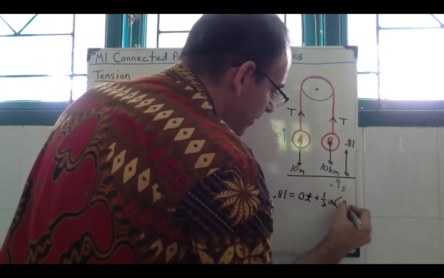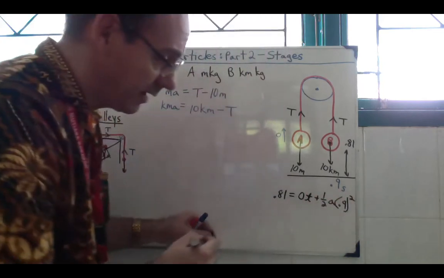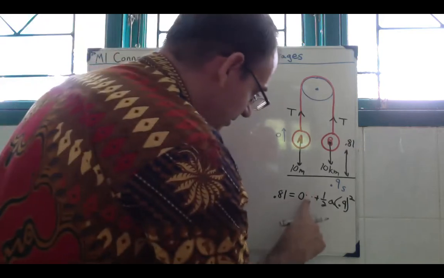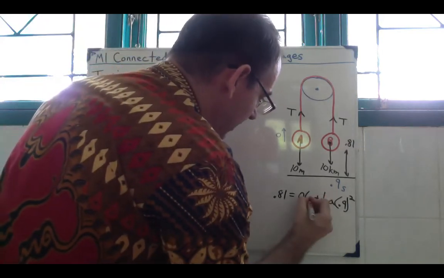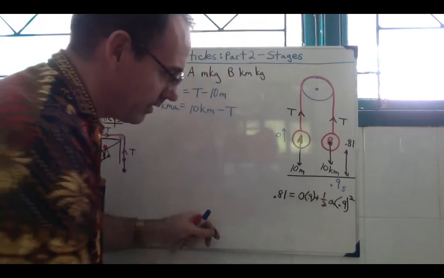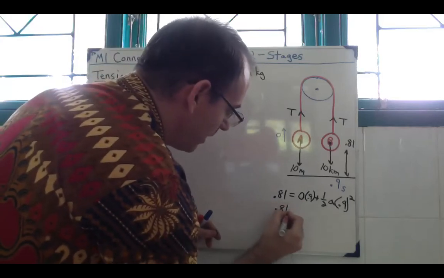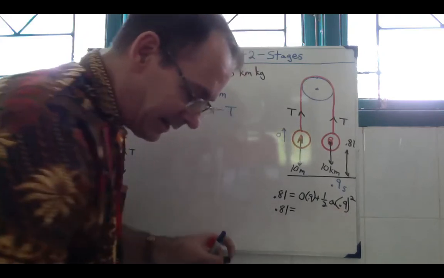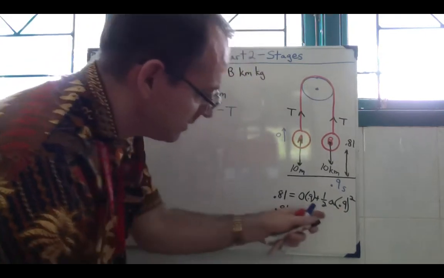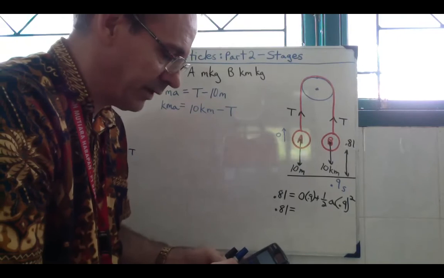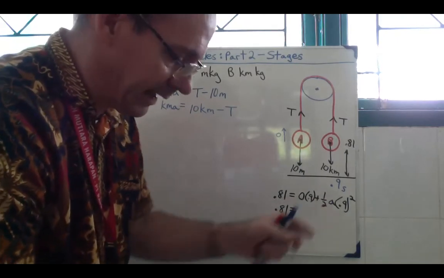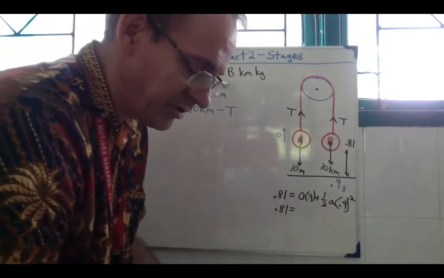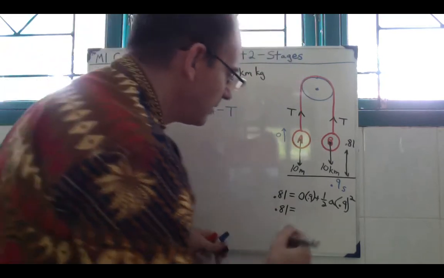We have our t, and so our t was here 0.9. So we have 0.81 equals 0 times this, that goes away, 0.9 squared, and then divided by 2. So 0.9 squared is 0.81, divided by 2 is 0.405.